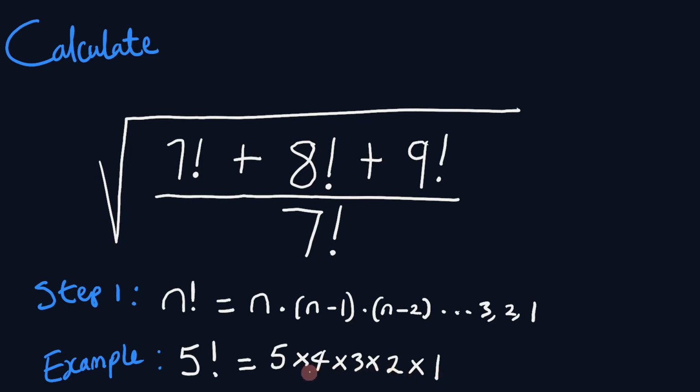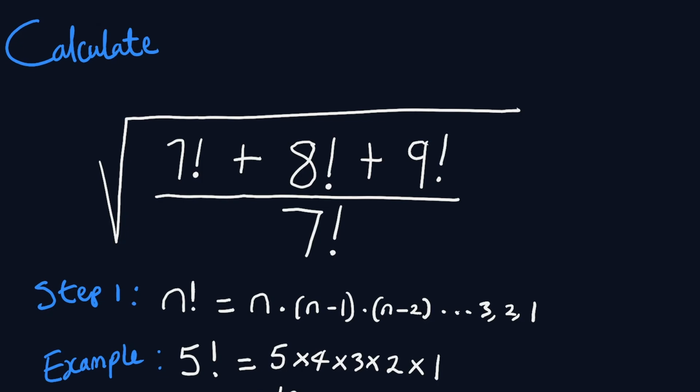Whatever our final answer is, that is our factorial. In this case, 5 multiplied by 4 is 20. 20 multiplied by 3 is 60. 60 multiplied by 2 is 120. 120 multiplied by 1 is still 120. So 5 factorial is 120.